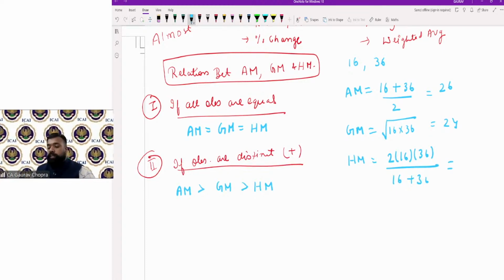Now calculate this and get the result. 2 into 16 into 36 divided by 52. How much are you getting? 22.15. So now you can compare: the highest value is AM, then GM, and at last HM. So in this way, we can easily calculate.